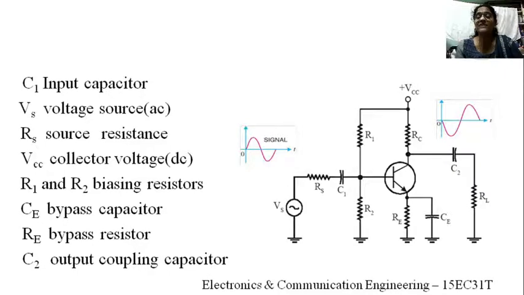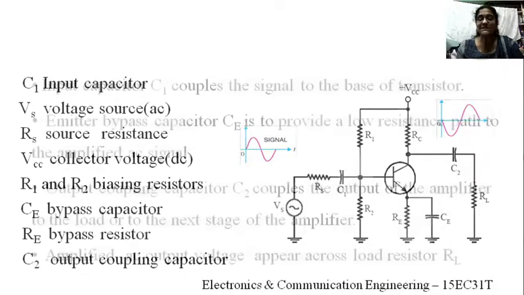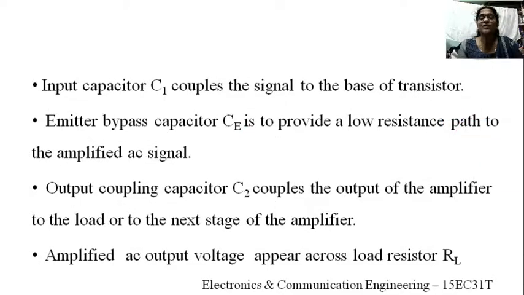A drop occurs there, that is, a VE voltage occurs. So the amplified AC signal flows through the RE, which means the output signal is reduced, and the gain is also reduced. Therefore the bypass capacitor CE is used to provide a low resistance path to the amplified AC signal.